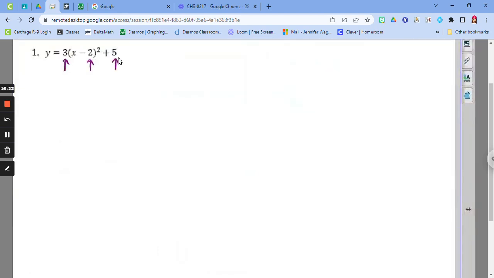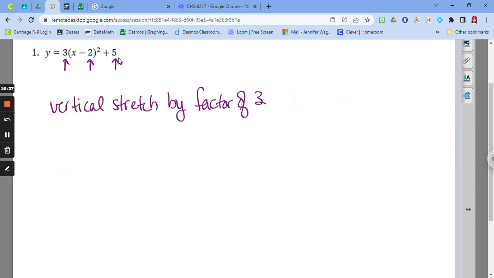So the 3 means we have a vertical stretch. The 2, we shifted 2 units right.